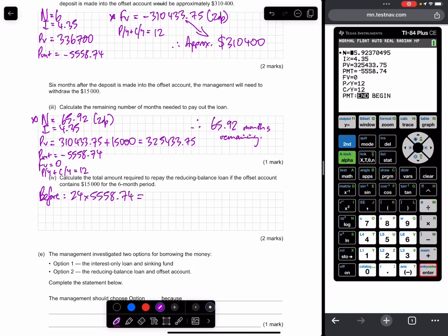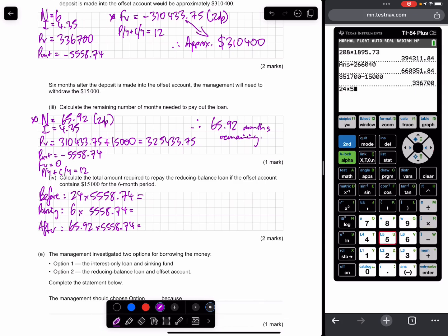Here's a number during the offset: 6 months of $5558.74. After 65.92 months, 65.92 payments, $5558.74. Find these out.